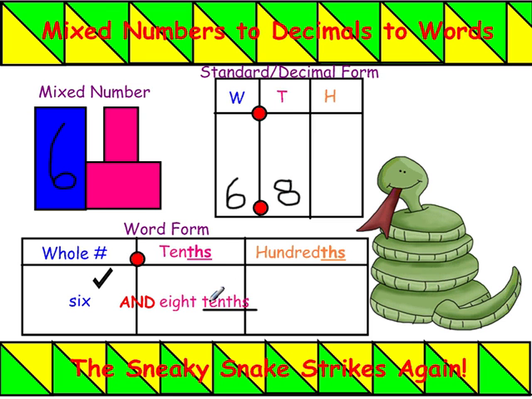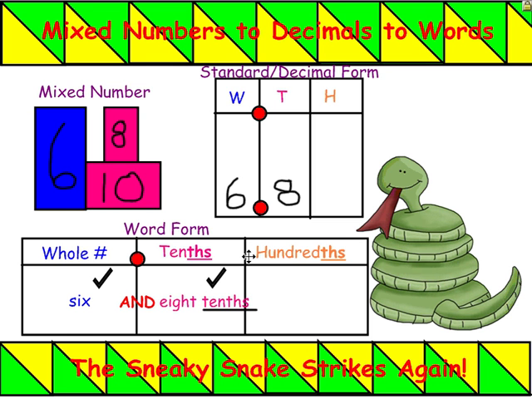Now, I see that tenths is the last name, and the last name tells us what the denominator is going to be. So the denominator is going to be 10. And this tells us what is going to be the numerator, which is 8. So now that I've done the whole, I checked it off, and I've also done the fractional part.